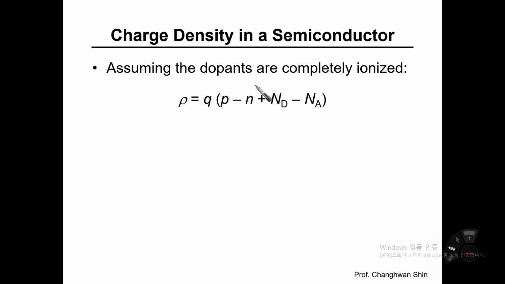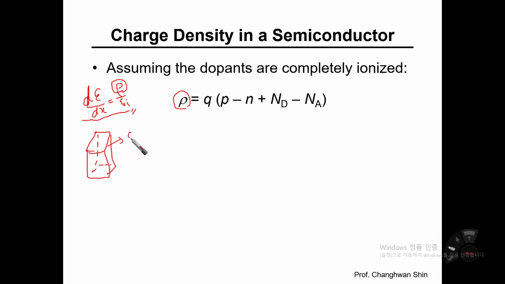Then now let's write down an equation for the charge density in Poisson's equation. In the previous slide we learned this Poisson's equation, and now this charge density, I mean this small cube, suppose that this is a silicon material, then we're going to put some dopant atoms, right?